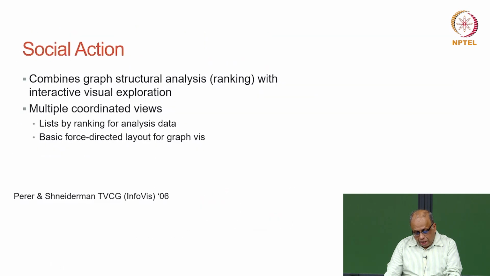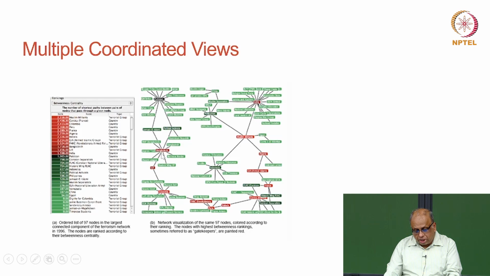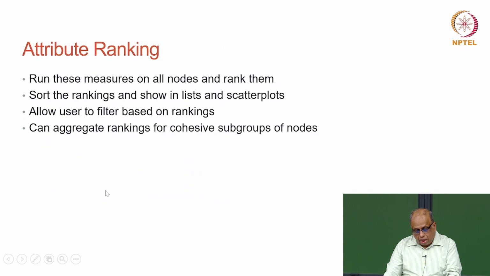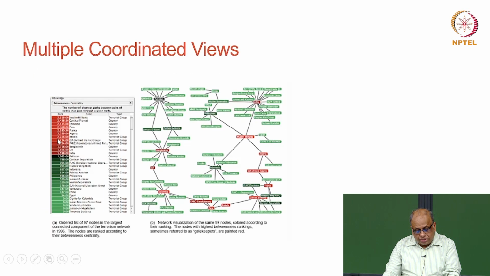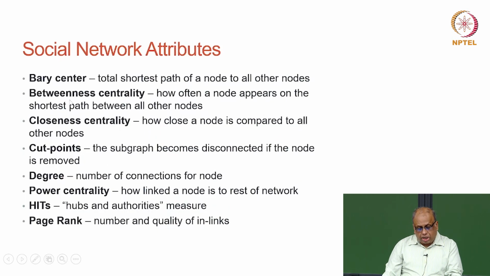And so you can have graph structural analysis ranking with interactive visual exploration. You can have a list as well as a layout of the graph, so you show both together. And you can rank the nodes in the list view based on various social network attributes, for example betweenness centrality, closeness centrality, some of the things that you studied in the morning class: degree, power, centrality, HITS, PageRank, and so on.